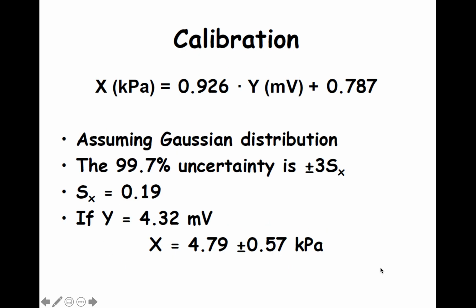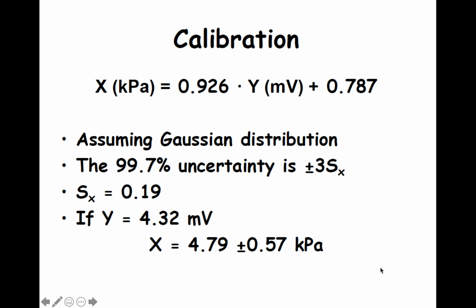Let's assume that the reading error is small and follows a Gaussian distribution. Then, statistically, the 99.7% uncertainty of the sensor output is given by plus minus 3 times Sx, which is one of the deviations, if you remember. Based on the notes, Sx equals Sy over A. In this case, it will be 0.19.